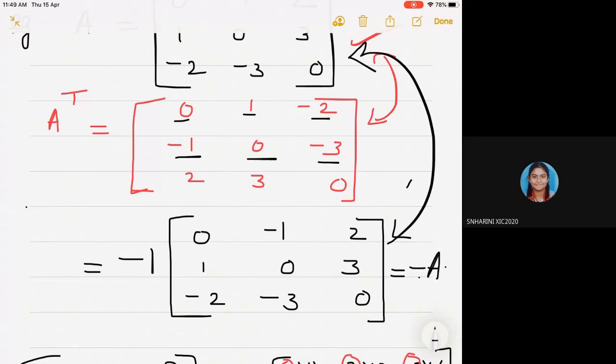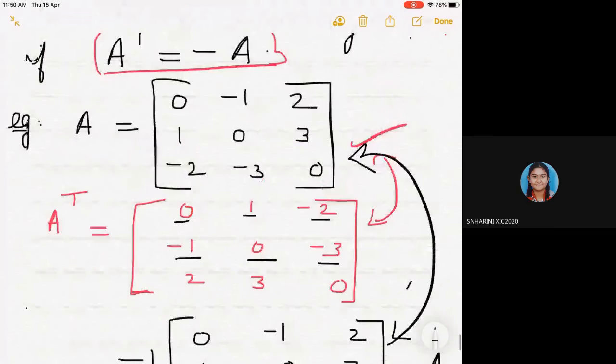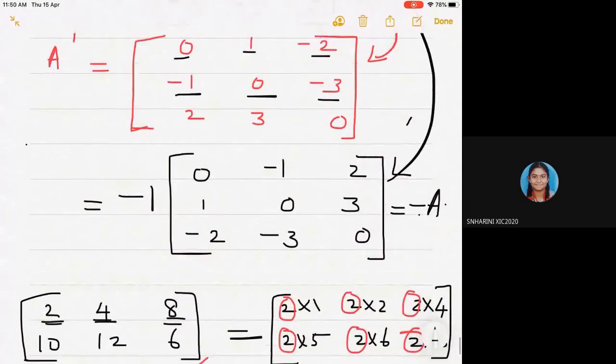So what we got, A transpose equal to minus A, and that is the definition of skew symmetric matrix.